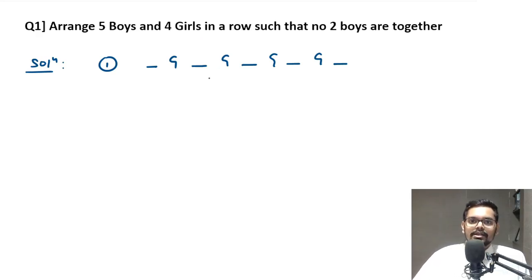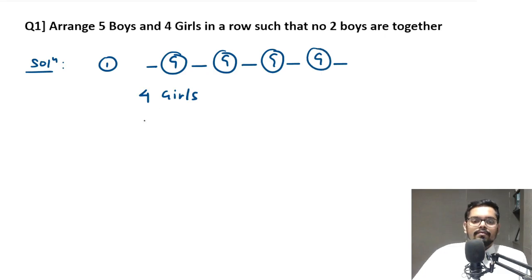So G1, G2, G3, G4, 4 girls, and we have 4 positions for the girls. Therefore, tell me the number of ways to arrange the girls. It would be 4P4, or simply 4 factorial ways.